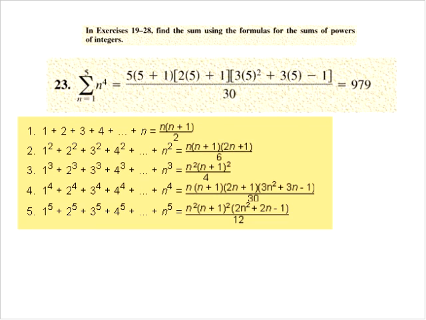And since we are looking at the fourth power, we are going to turn to this formula right here, where n in this case is 5, because that's how many terms there are from 1 to 5. So n in our case is 5. So when we substitute 5 in and simplify, we should get 979.